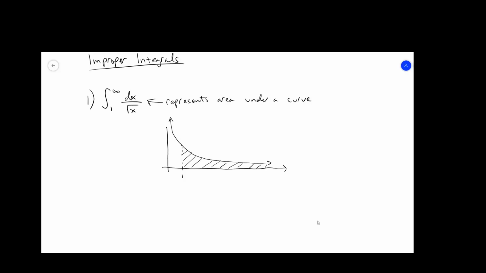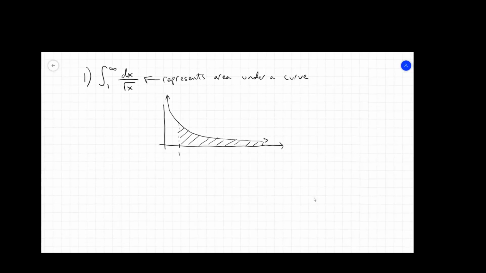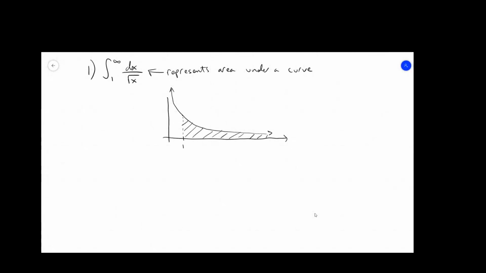How do we tell when it is finite? This is the procedure. When you have an improper integral, you have to use limits on it. So we go 1 to infinity of dx over the square root of x. The first thing we want to do is change it into something we can actually do, a combination of two things we already know how to do.